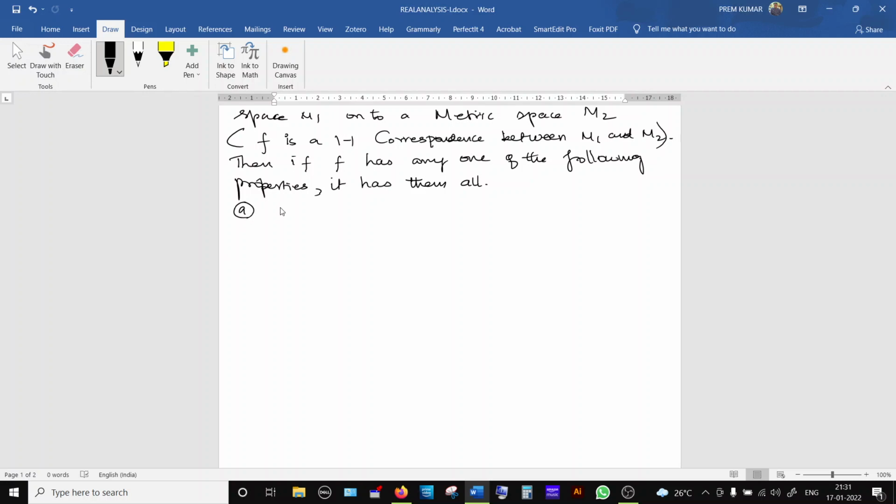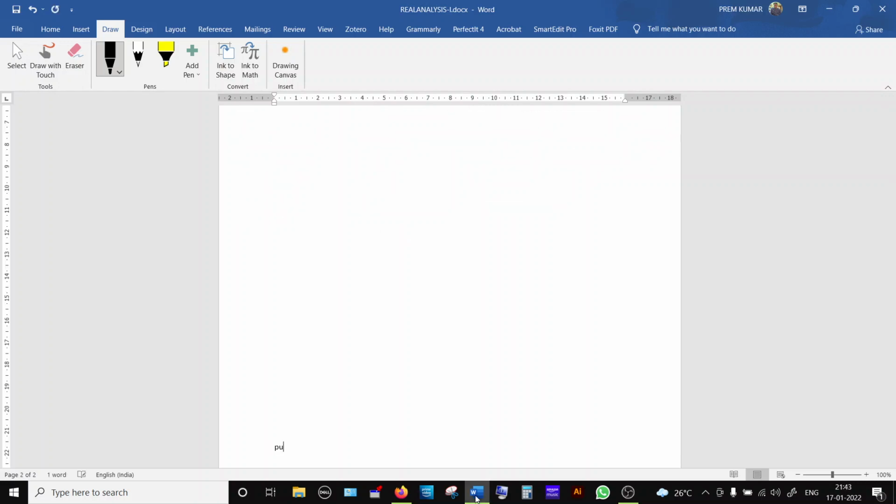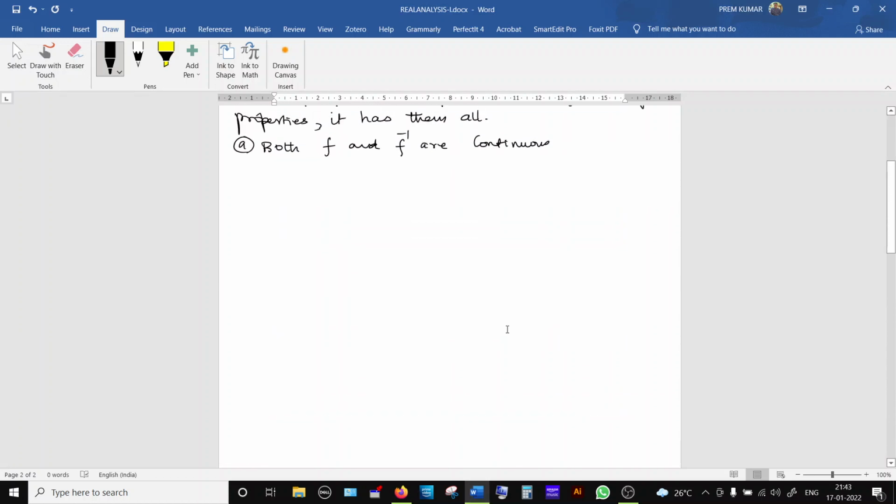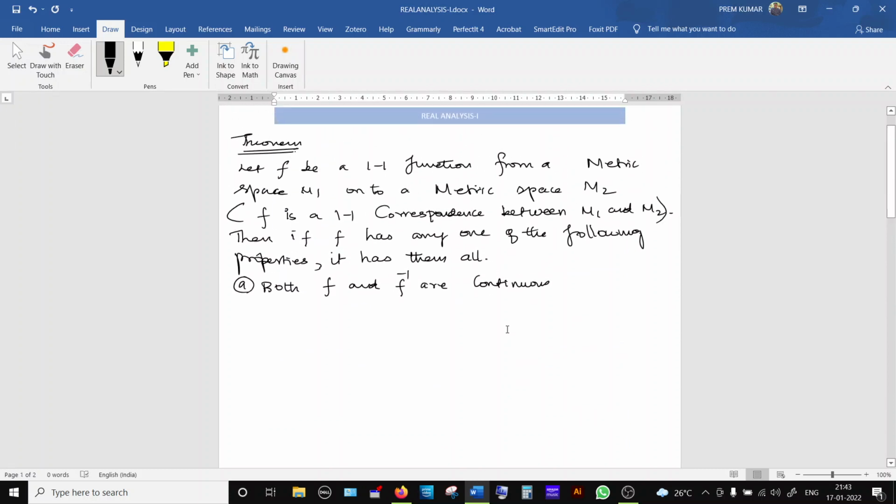So all three are equivalent. A: Both f and f inverse are continuous.